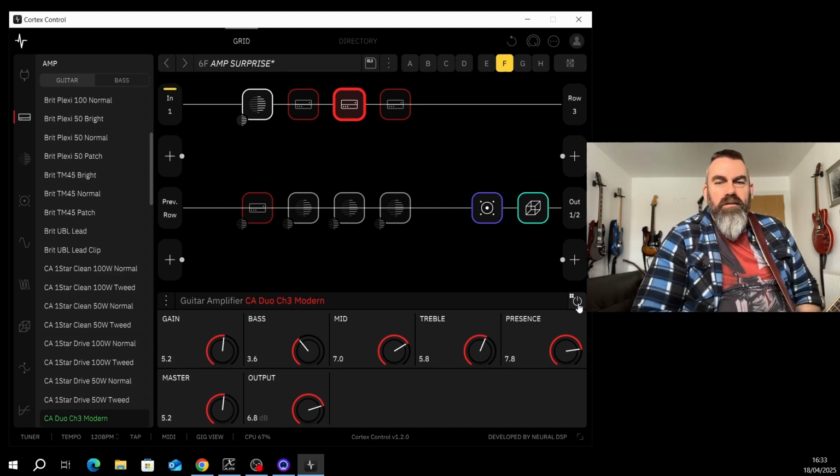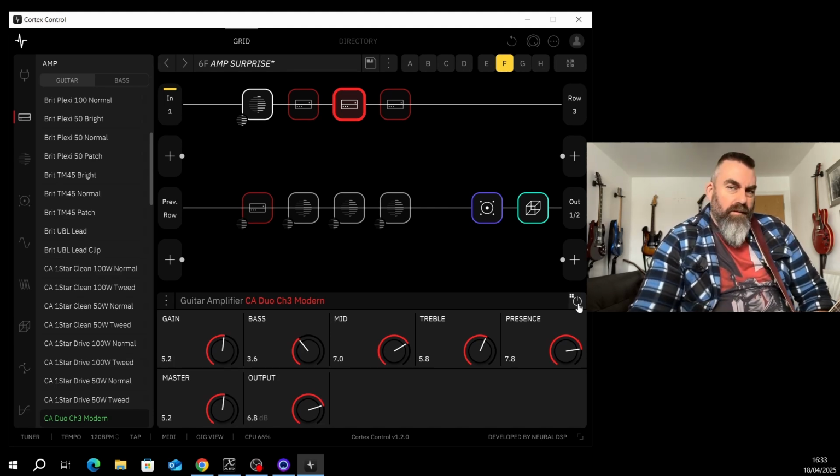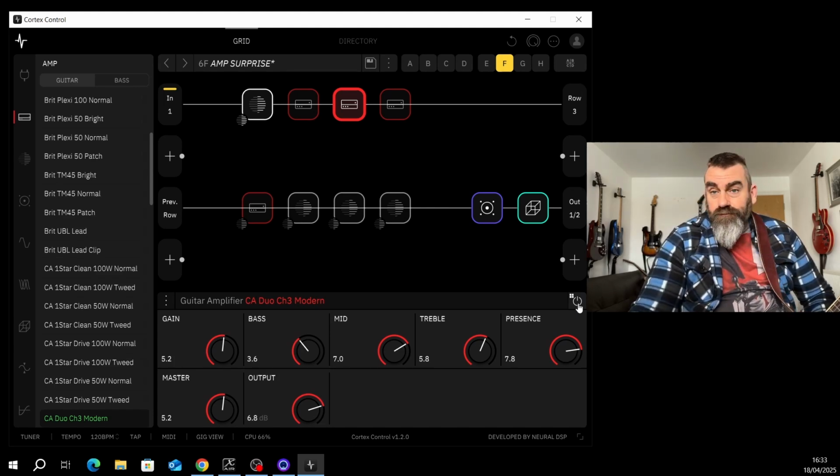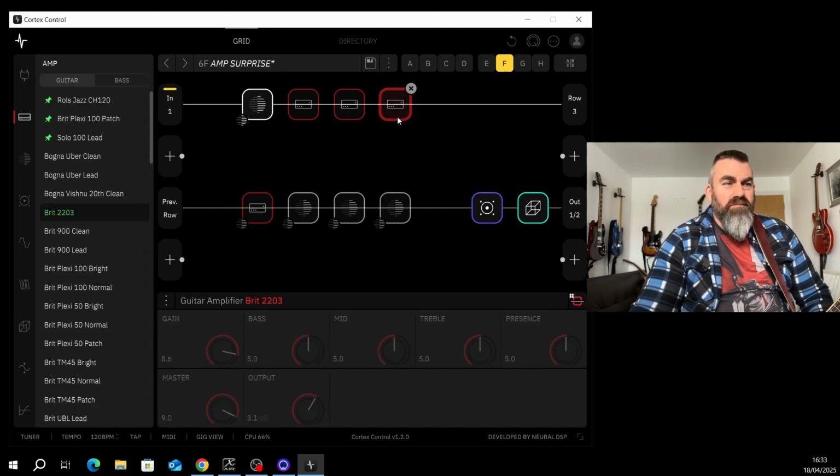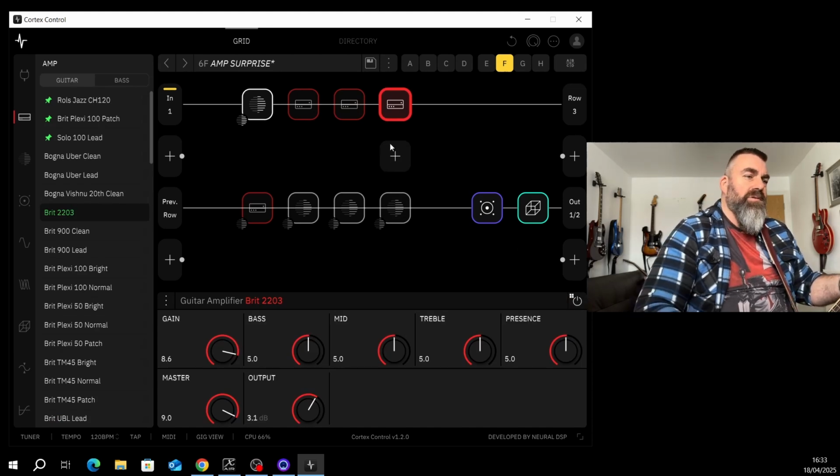Yeah, cracking tones there. Okay, the third one, so amp number 3. I'm not going to beat about the bush. One of the biggest amps ever. Marshall JCM 800, the Brit 2203.